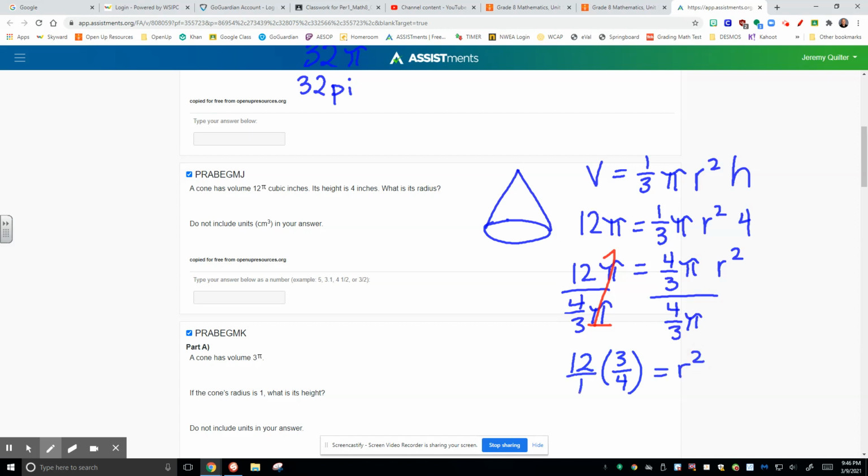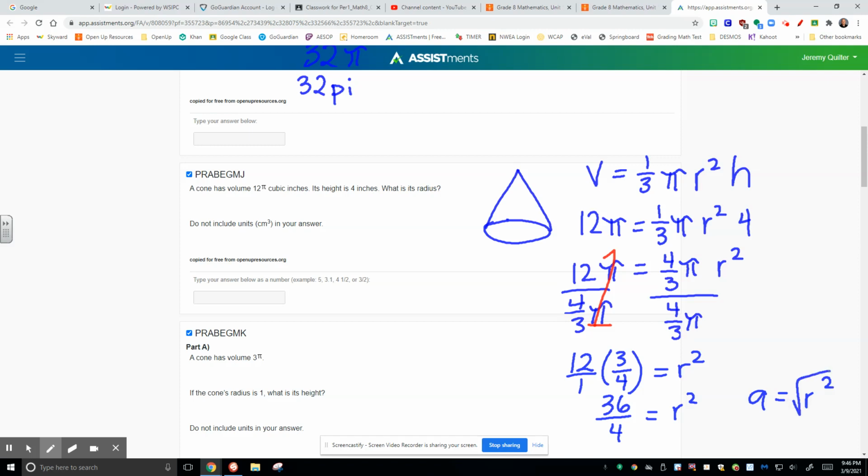If I make 12 into a fraction, it may make it a little bit easier. We get 12 times 3 is 36 divided by 4. That would be a squared number, which means that we have 9 is equal to r squared. Just because I'm such a nice guy, I'm going to remind you how to do this one.